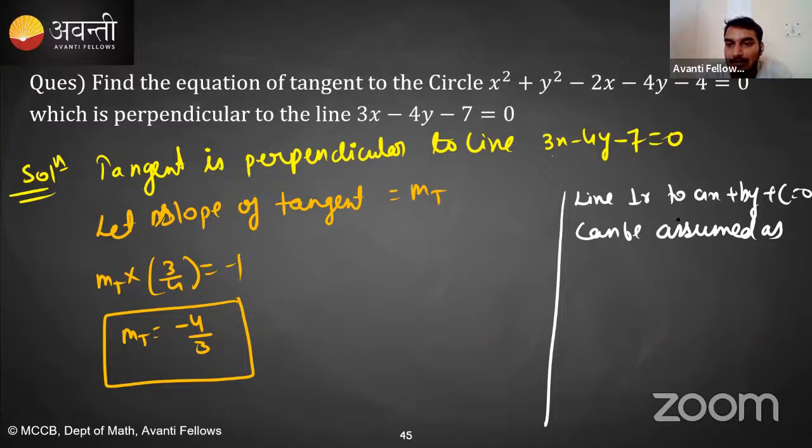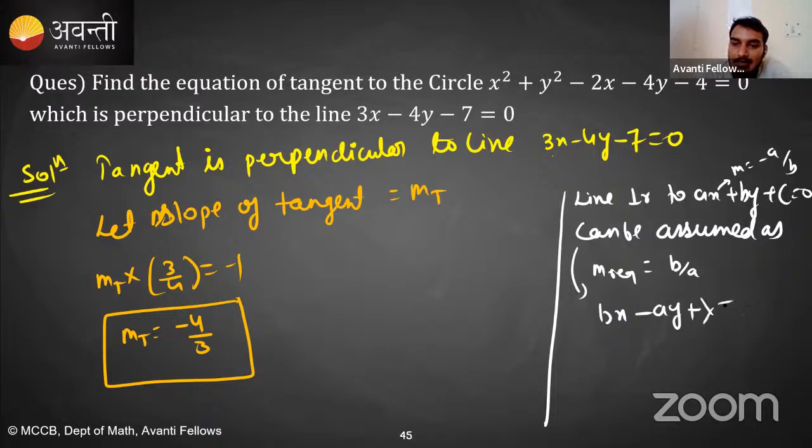Minus a by b. Yes or no? The slope of this line is minus a by b. What is the required slope? Required slope is b by a. So the required line can be assumed as bx minus ay plus lambda is equal to 0.